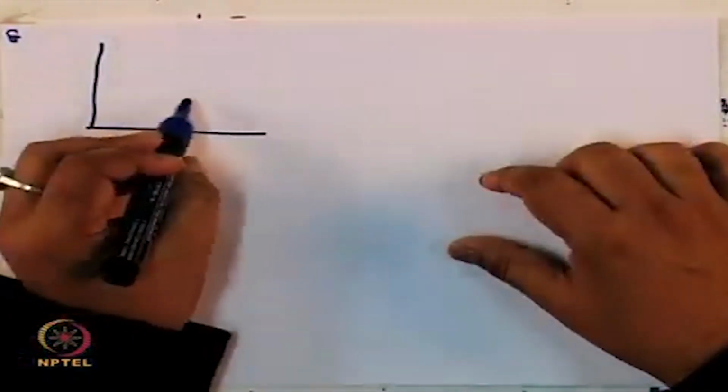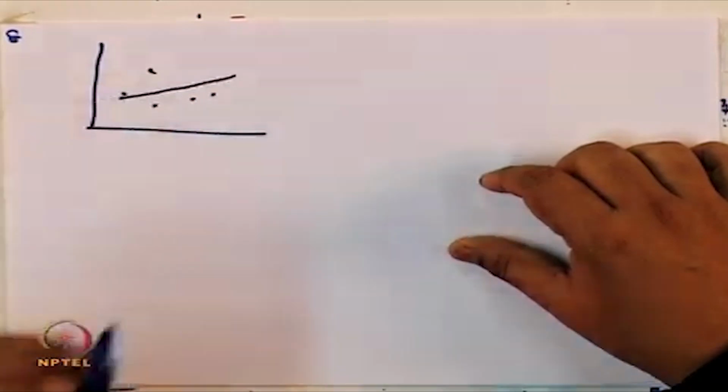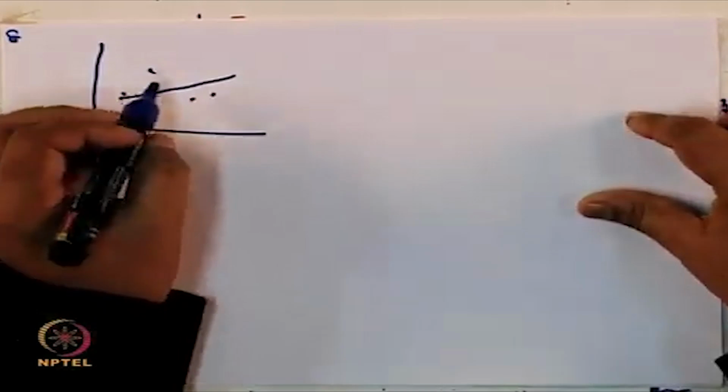Okay. Now, one of the obvious usages of linear regression is to estimate a value of y given a value of x. Let us say we had this data based on which we fit this line, and we want to know the value of y.